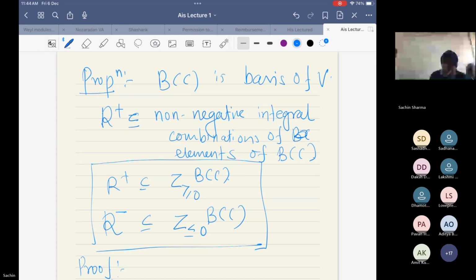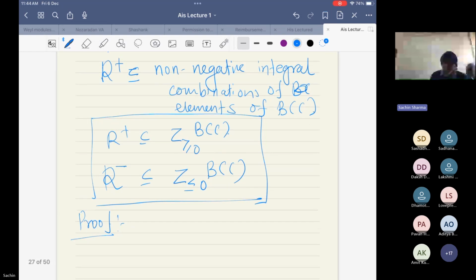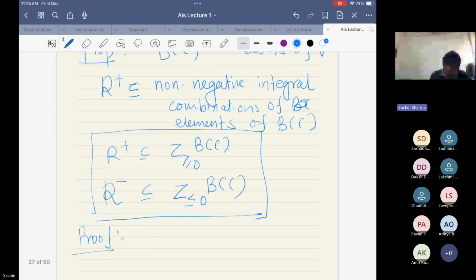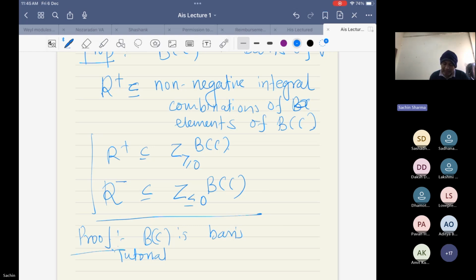How do you see that? The part about the basis will be clear from the assignments today, the tutorial sections, by Ritesh and me.